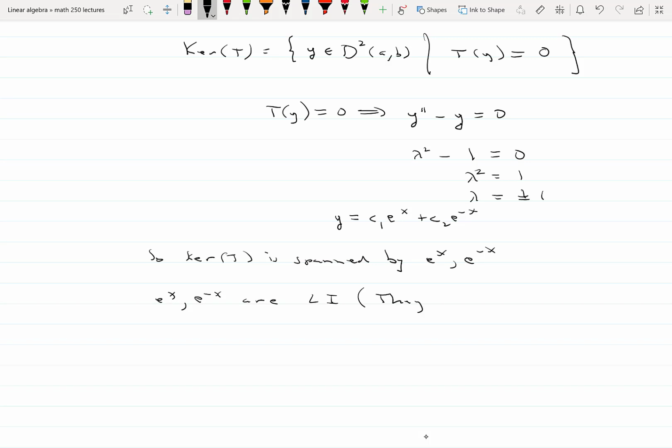Why? They are not proportional. There's no constant you could find to make e to the x equal to a constant multiple of e to the minus x. Look at their graphs.